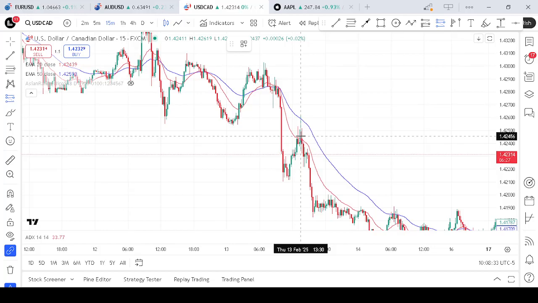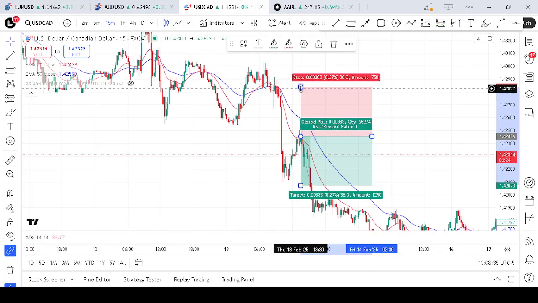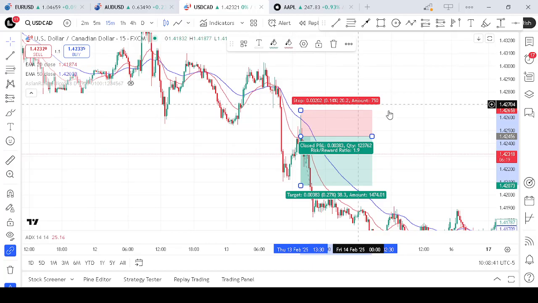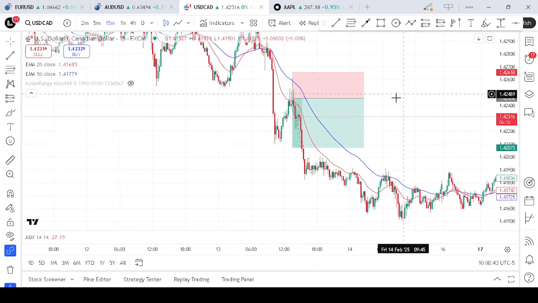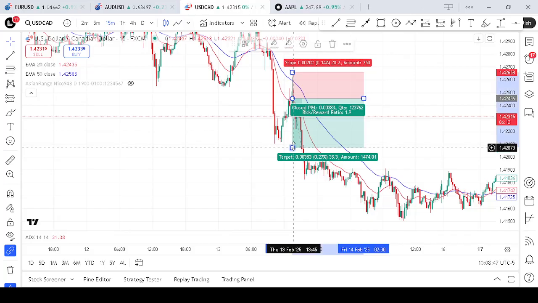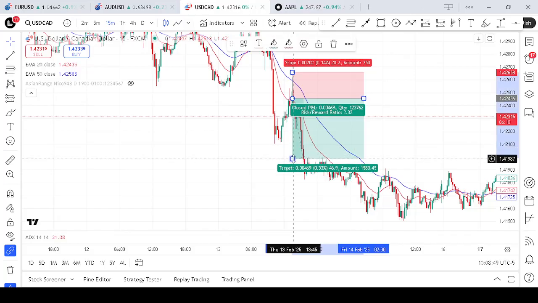At that pullback, we put our stop loss above the moving average around that area. We can give ourselves 20 pips to give ourselves enough breathing room. Then we target our 1:2 or 1:3. This often provides a lower risk entry point in the direction of the trend.